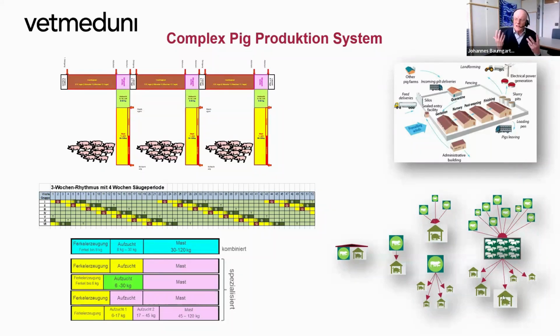This just gives you an indication how complicated the environment is in which animals, pigs, have to be monitored automatically, for instance, and where you have to place your technology and what you have to consider when you use technologies. And there are different demands depending on where you are observing these animals.